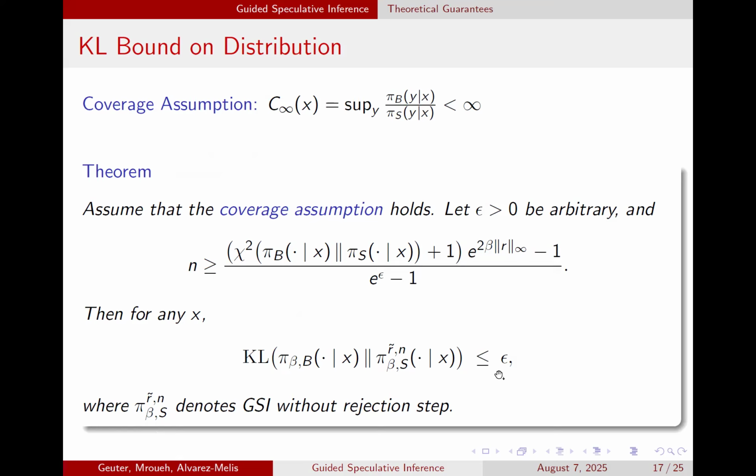So this means, if we let n go to infinity, then this distribution gets arbitrarily close to this tilted distribution. This is our algorithm without the rejection step.